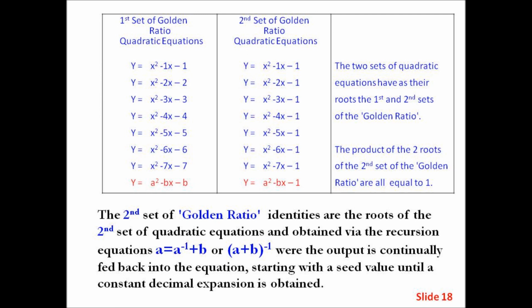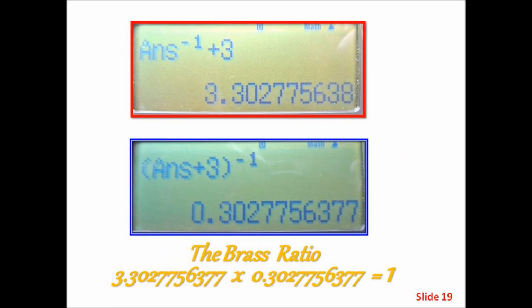The product of the two roots of the second set of the golden ratio are all equal to 1. The slide shows the display on the calculator after carrying out the recursive equations.